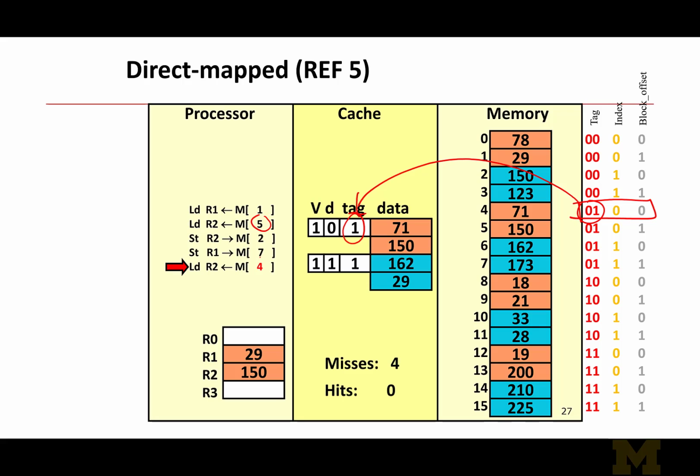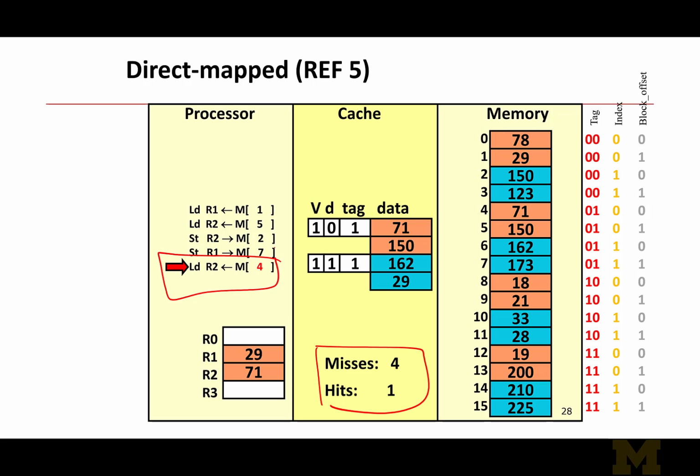So remember that this is the first time I'm accessing 4, but in the past I had accessed the block containing 4 and 5, and therefore both were brought into my cache. So now I'm able to turn 4 into a cache hit because of that. So in the end we have 4 misses and 1 hit due to spatial locality towards the end.